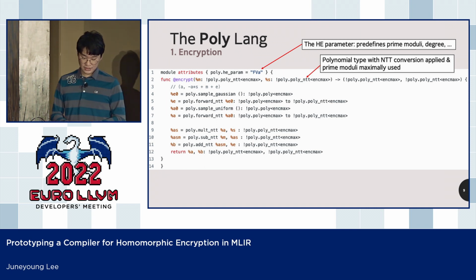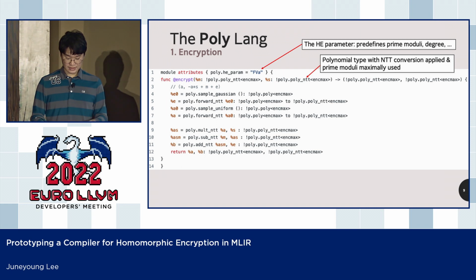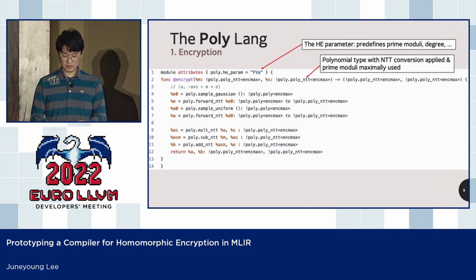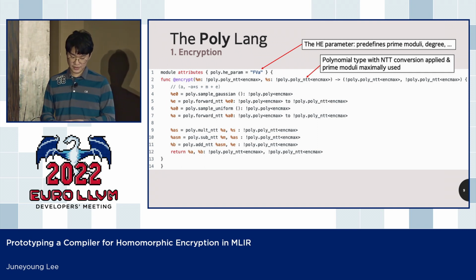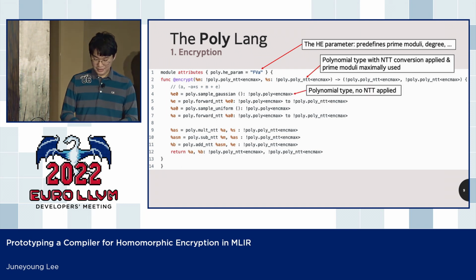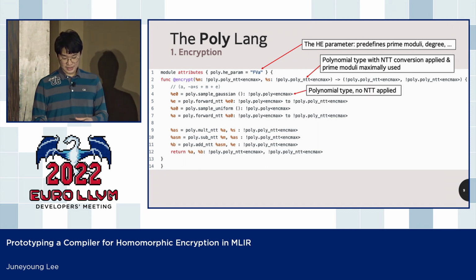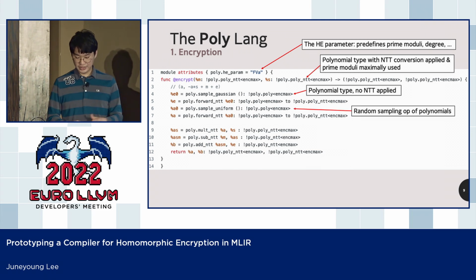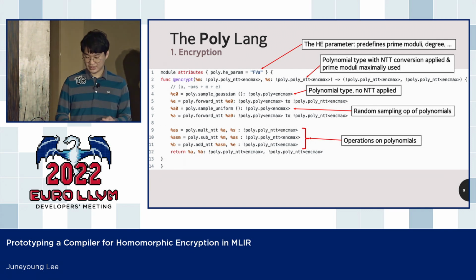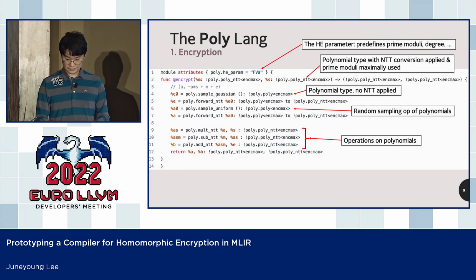And you can see that int max is described as the dimension size. It means that it is maximally using the prime moduli that are provided by this HE parameter. And you can see that there is also this poly type which does not have NTT applied. And then here are some random sampling operations, and also there are some operations on polynomials.